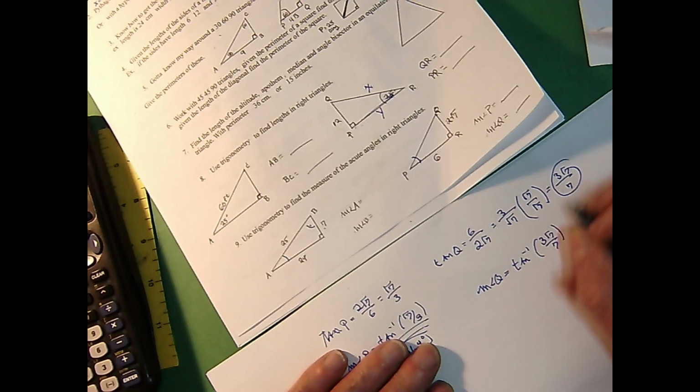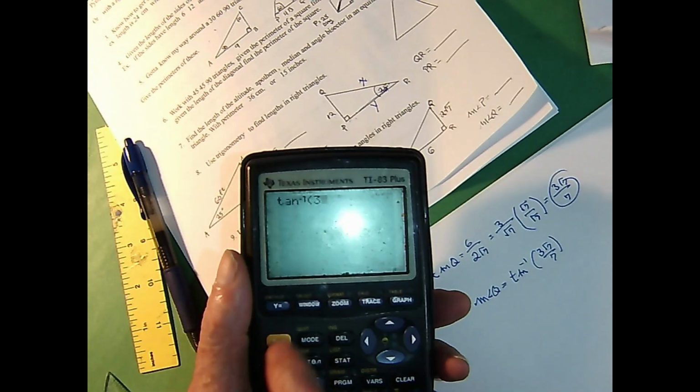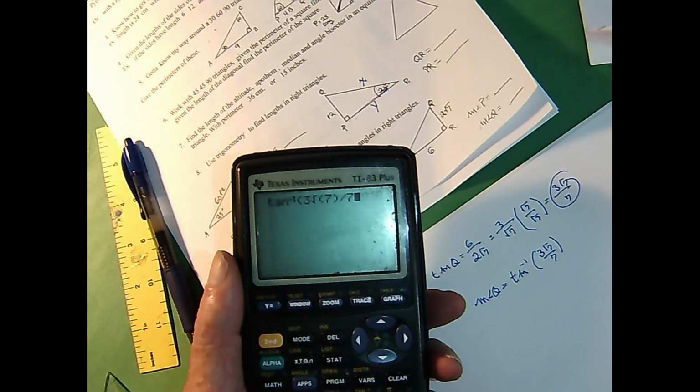Let's get a look at that and see if it is the complement of 41.4. Second tangent, and then type in 3 square roots of 7 divided by 7. I think I got it as I wanted it, and that's going to be 48.6 degrees.